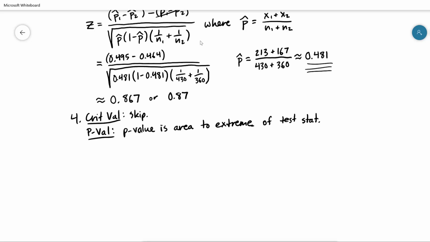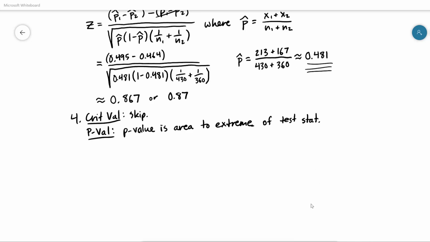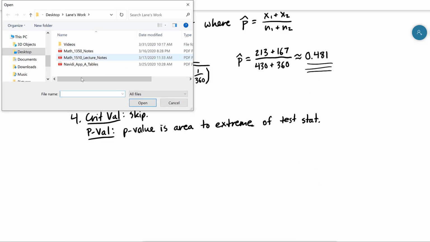So if we get back out our tables, let me add a table in. Remember, we're using a normal distribution, a z-score, so we're allowed to use table A2. And I want the area to the right of this 0.87, and then I'm going to have to double that area so that I also get the one to the left of negative 0.87.